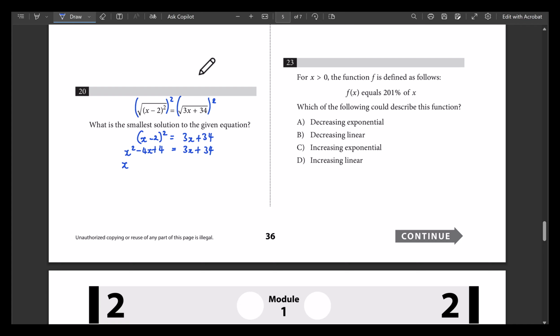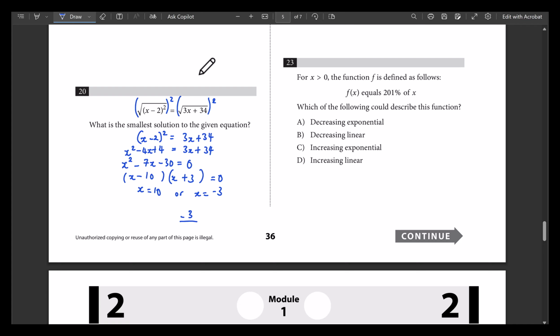Grouping like terms, we end up with x squared minus 7x minus 30 is equal to 0. Factorizing, we get x minus 10 and x plus 3 is equal to 0. Hence, our x value is x is equal to 10 or x is equal to negative 3. The smallest solution is negative 3.